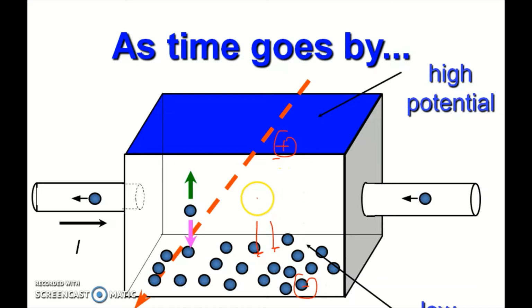Due to this potential difference, the electrons slowly start moving upwards. Why? Because, as in the first slide, we discussed the force acting on an electron in an electric field: the electron has a negative charge and is attracted towards the positive surface.